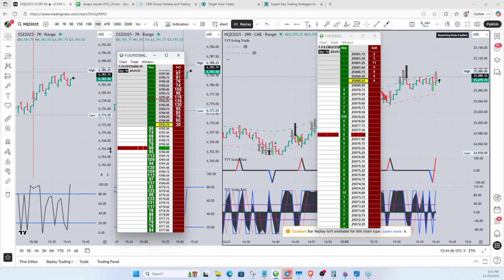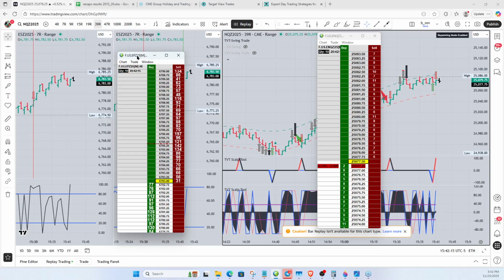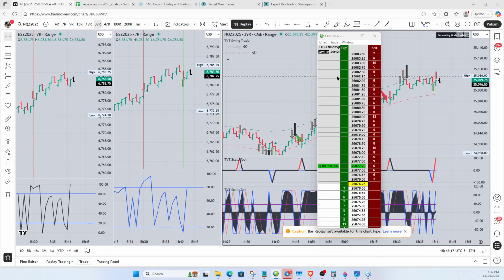In the meantime, the ES trade just went to break even, and I'm going to lock in 2 ticks on that. Okay. 4 ticks on the ES. So we got 4 on the ES and 20 on the long, and waiting to see what's going to happen here with the short.